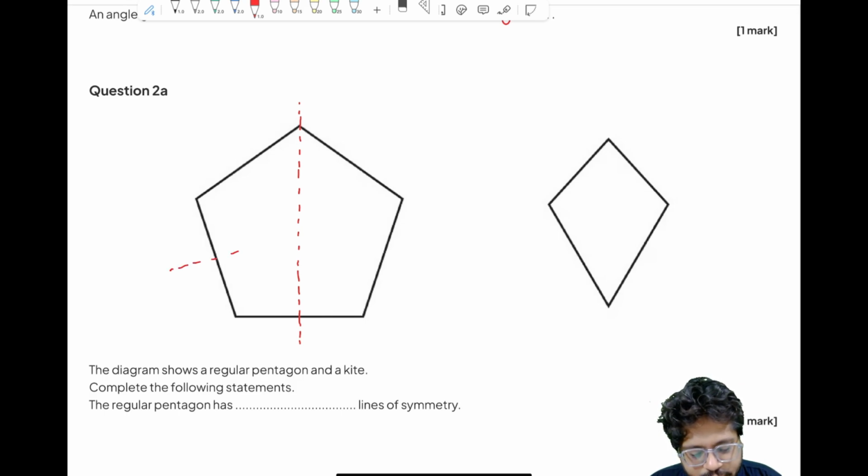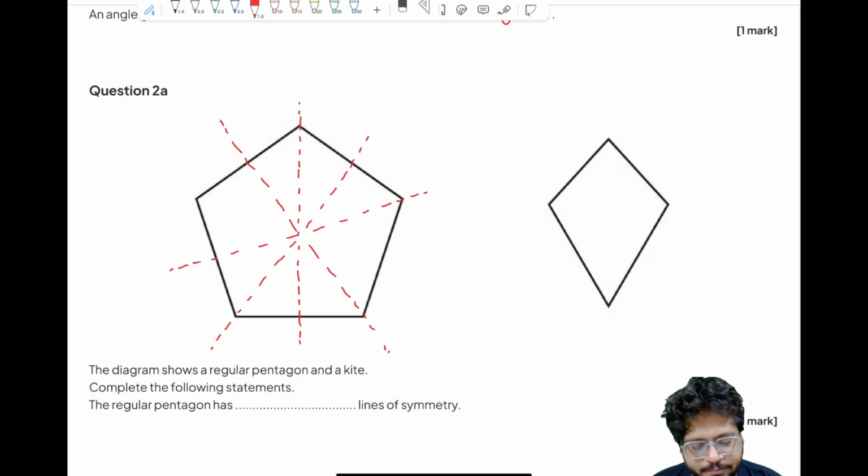Then this is the second one. Similarly, this is the third one, fourth one, and similarly this is the fifth one. So total 5 lines of symmetry are there in the regular pentagon. So 5.